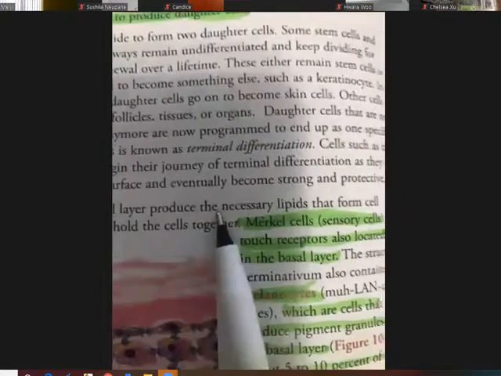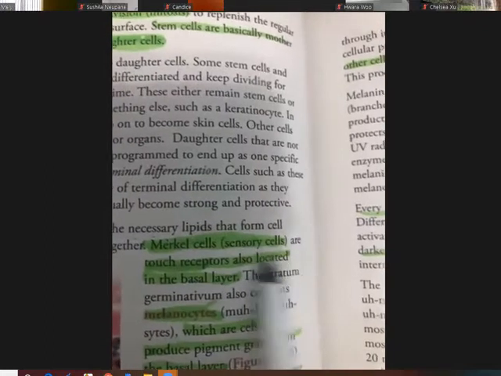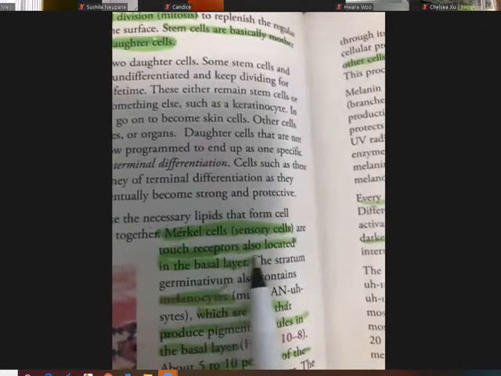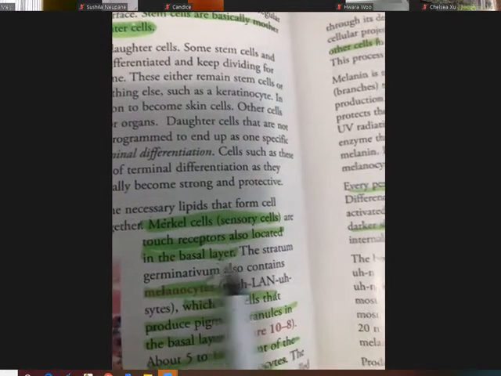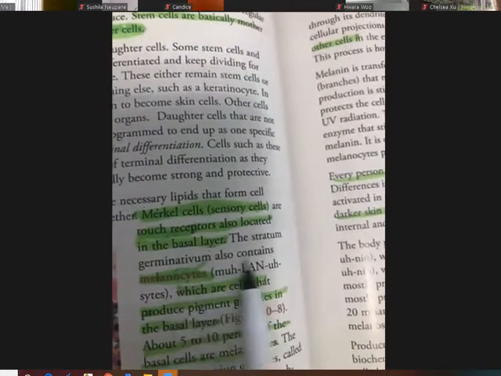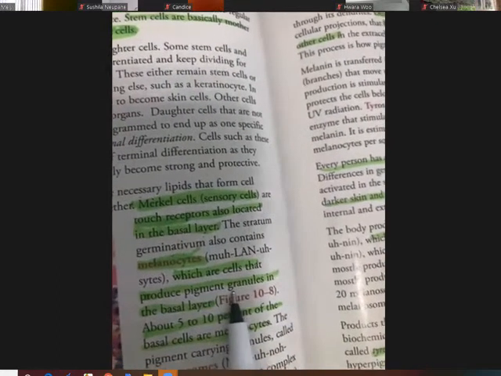Now, cells in the basal layer also produce the necessary lipids that form membranes and hold the cells together. Merkel cells, which are your sensory cells, are touch receptors also located in the basal layer. The stratum germinativum also contains melanocytes, which are cells that produce pigment, the melanin.